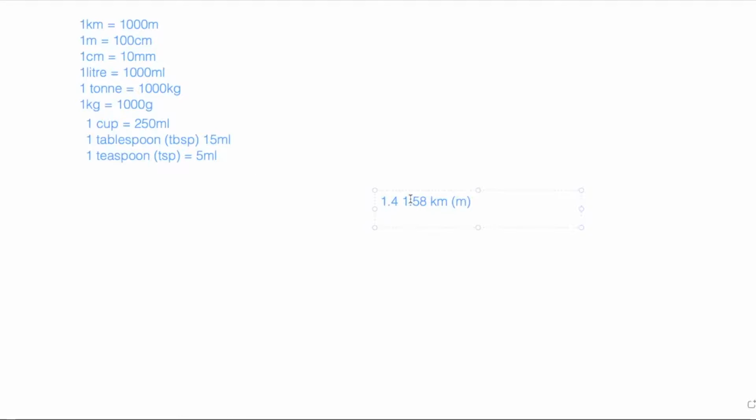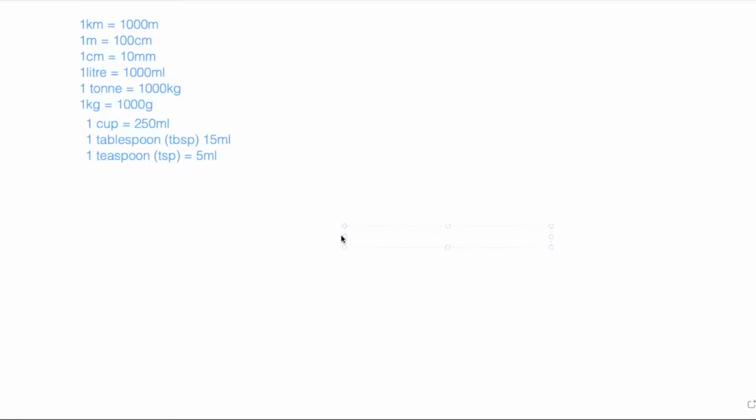Since 1,000 has 3 zeros, we are going to move to the right 3 times. So we move here and then here, but what do we do? Because we're at the end of the 8, we add a 0. In front of this 8, there's a 0. So it's going to be 1,580 meters. I hope this is getting easier as we do more and more exercises.